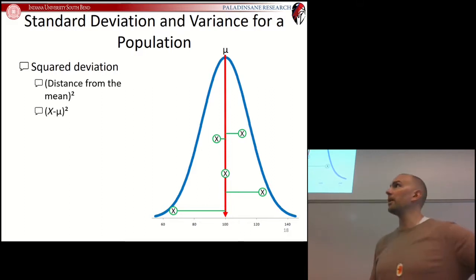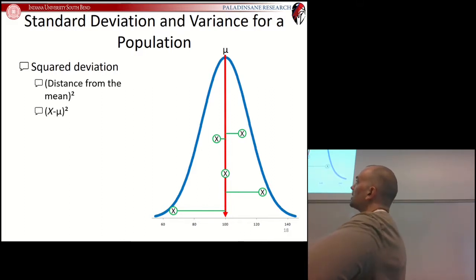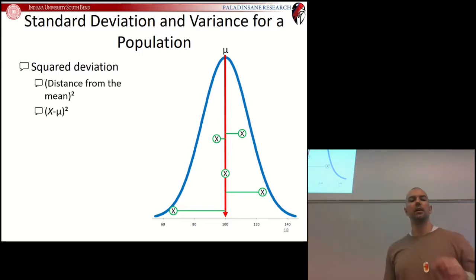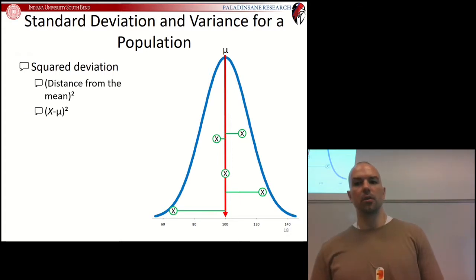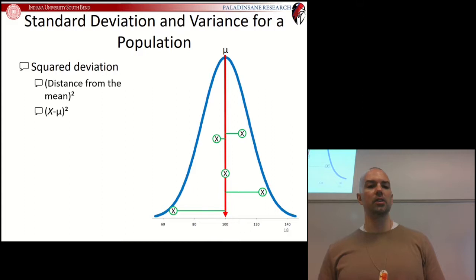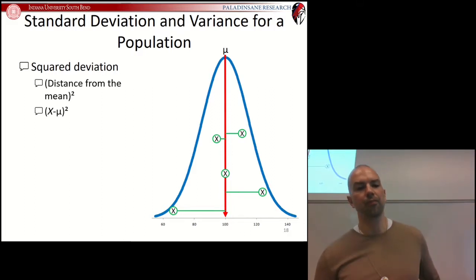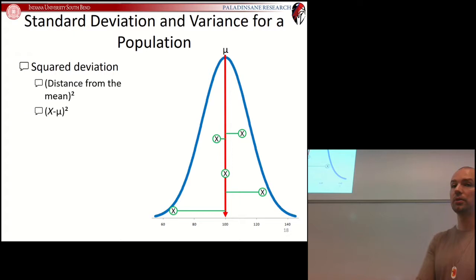So in parentheses, the score minus the population mean is your deviation, and then you take that number and square it, and you get rid of all your negatives. That's the next step towards variance and standard deviation. We take all the deviations, we square them all, and we have now squared deviations. The next step, we are going to add them all together.